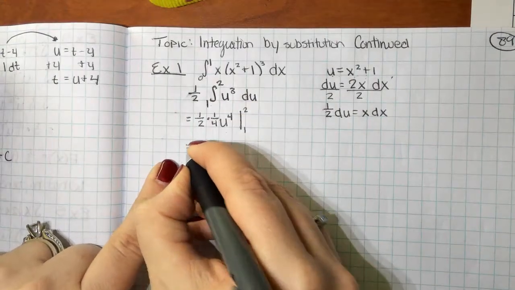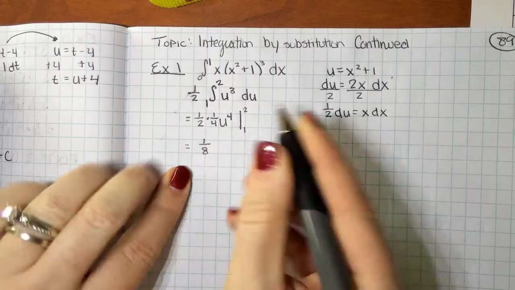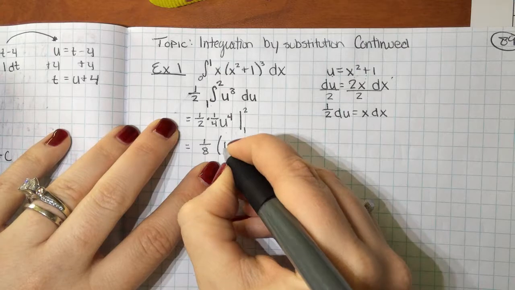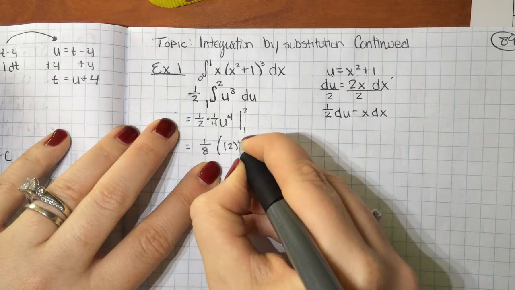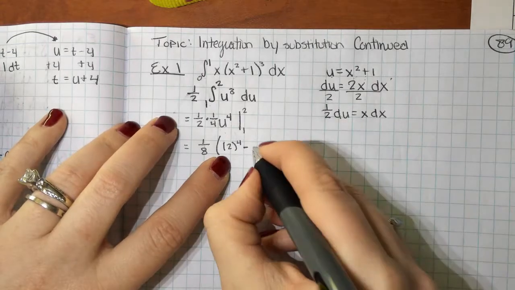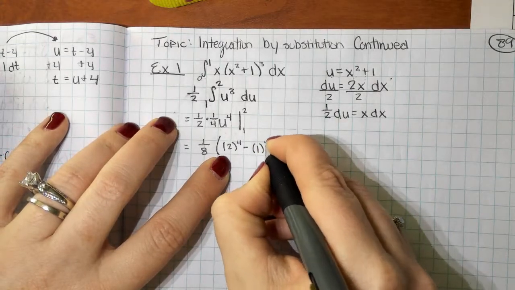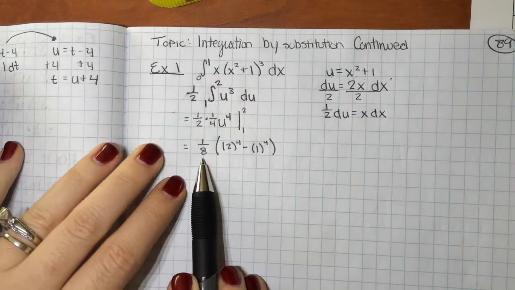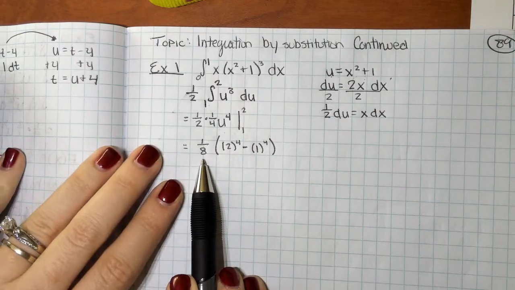So here, I'm going to get 1/8. Now, this is going to be 2 to the 4th minus 1 to the 4th. Everyone okay with how I pulled that 1/8 out front? Okay.